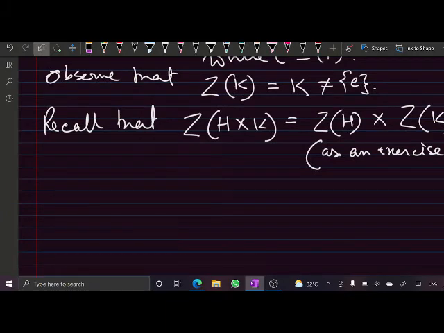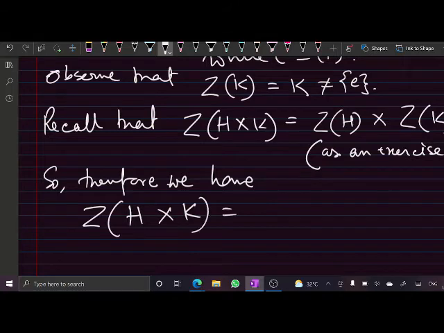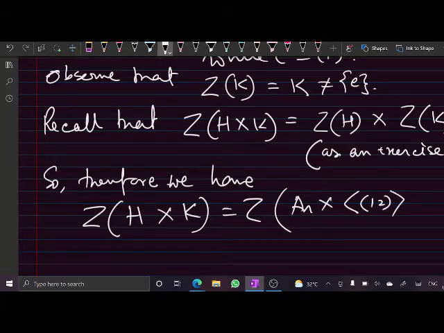And from this, we have the center of H cross K, where H is An and K is the subgroup generated by (1 2).